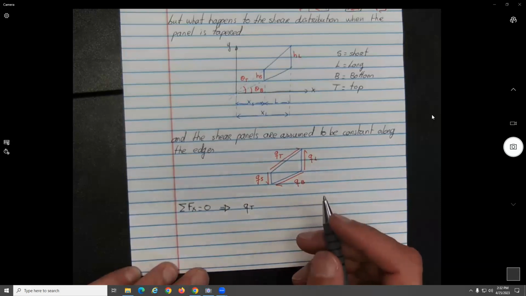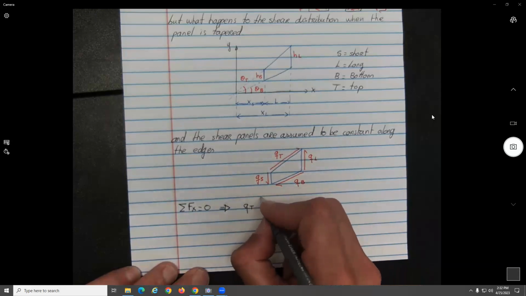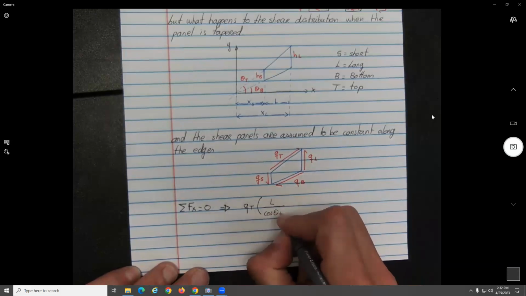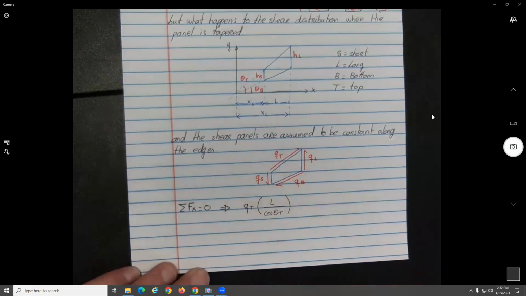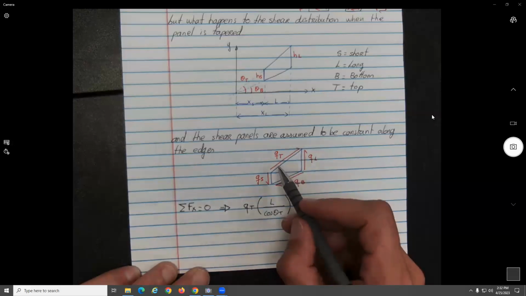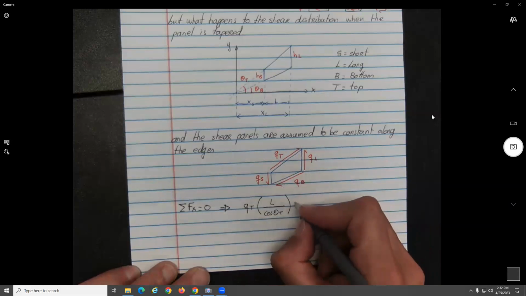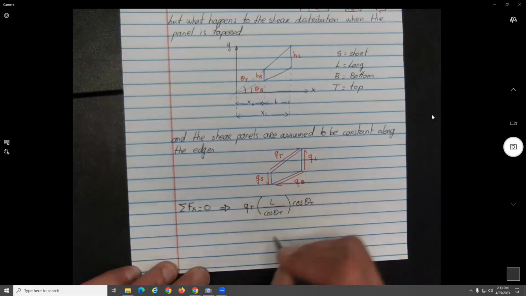It will be Q top of L over cosine theta top, so this will be Q times the amount of the length. If you want L top, it would be this value over here. Now we need to take the x component, which will be cosine theta t.